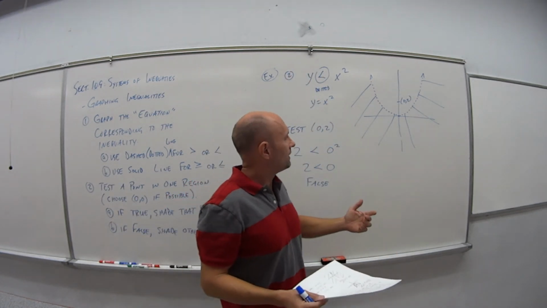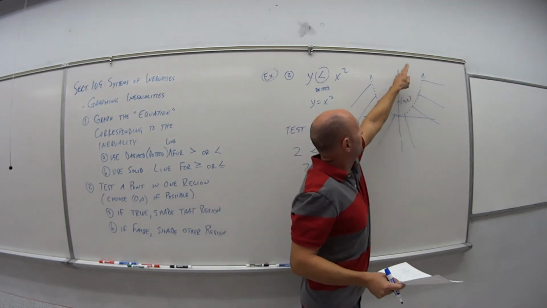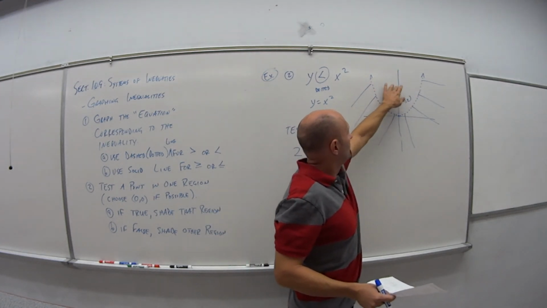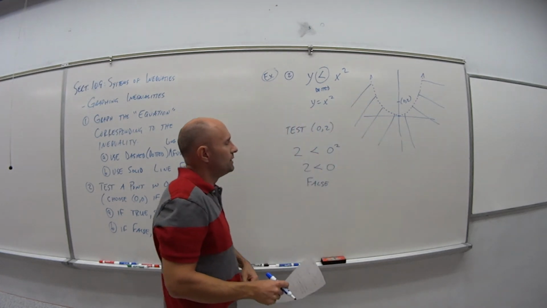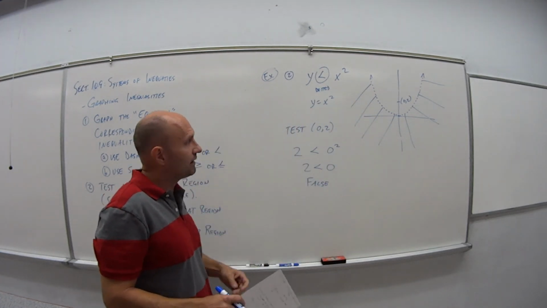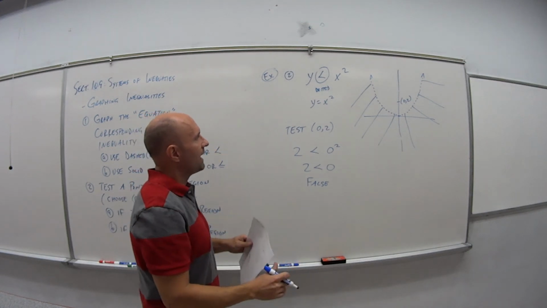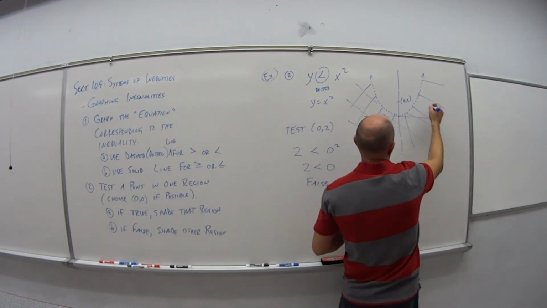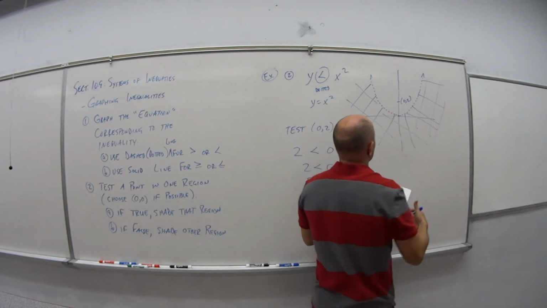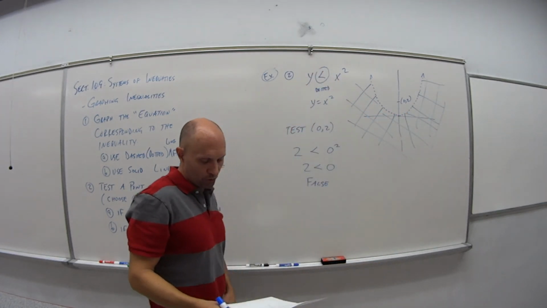But if every point inside of here is false, then everything on the outside has to be true, and that's my shaded region. That's what the shaded region is telling me: everything in this area where I have the blue hash marks is a solution to my original inequality.